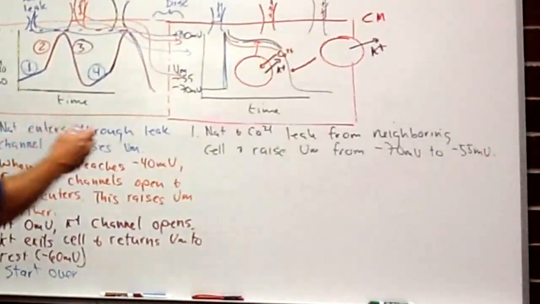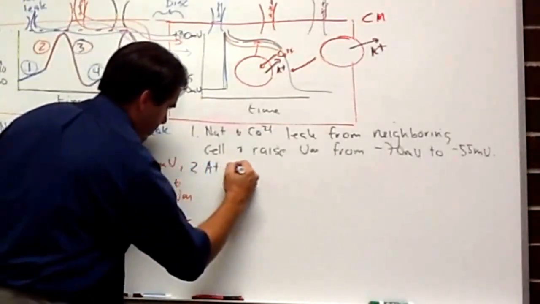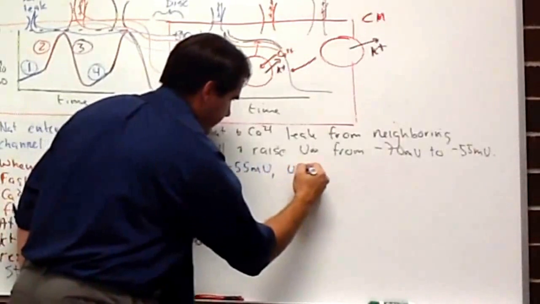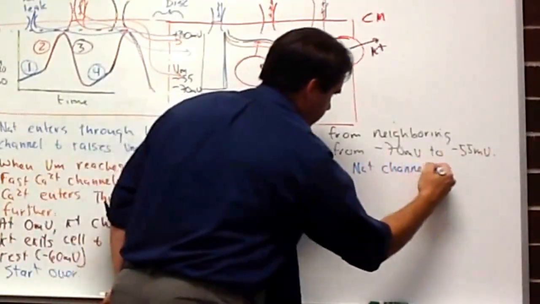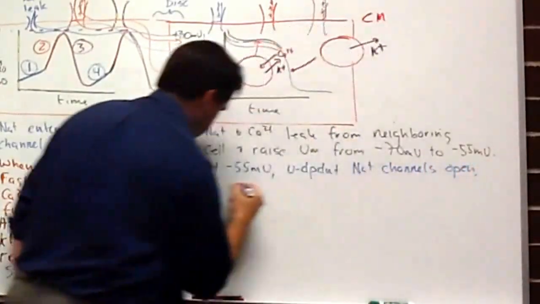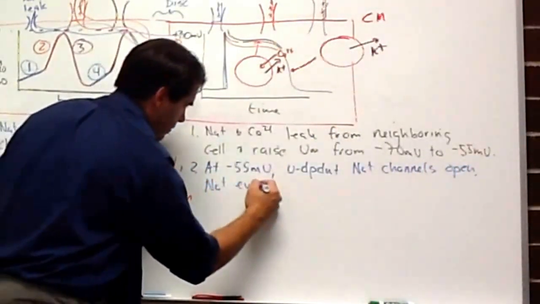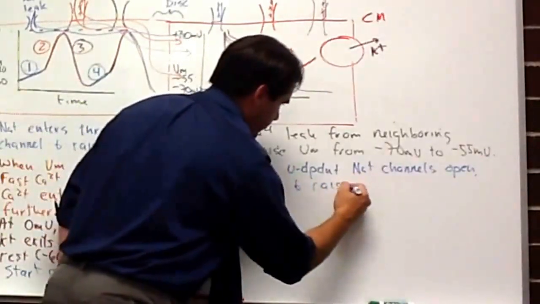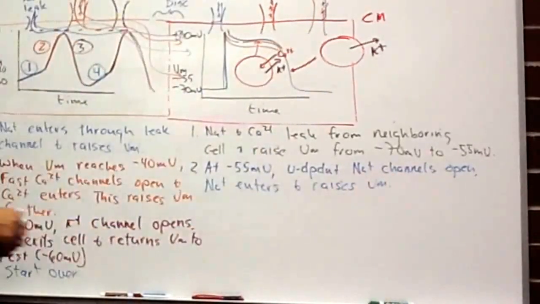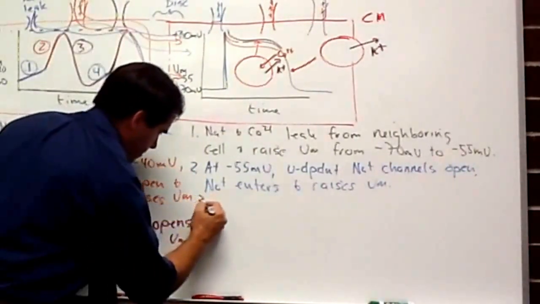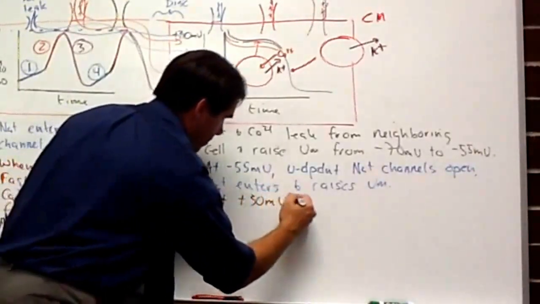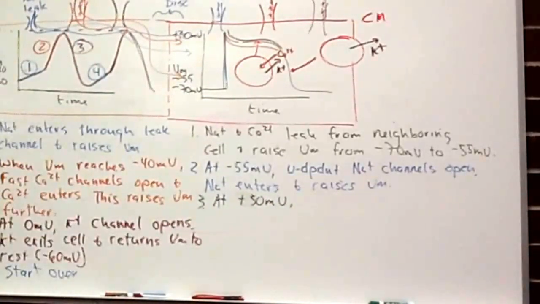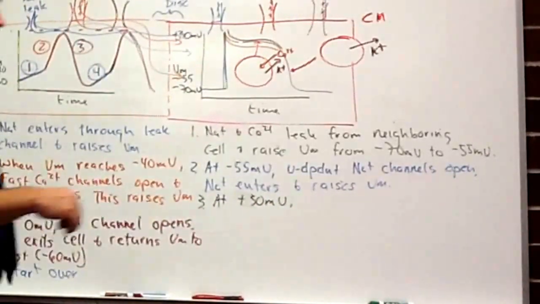At -55, voltage dependence, sodium channels open, Na enters and raises VM. At 0 millivolts, plus 30, both slow calcium and potassium open.